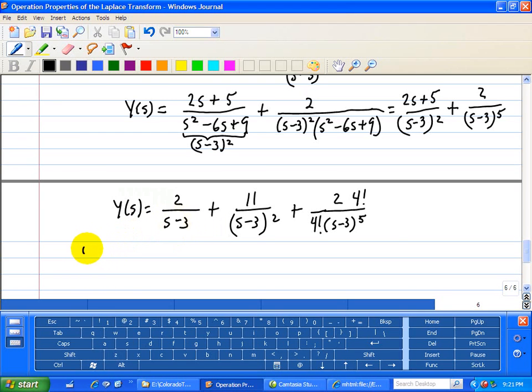So y of t will be the inverse Laplace transform of Y of s. And we'll take the inverse Laplace transform of each of these terms.